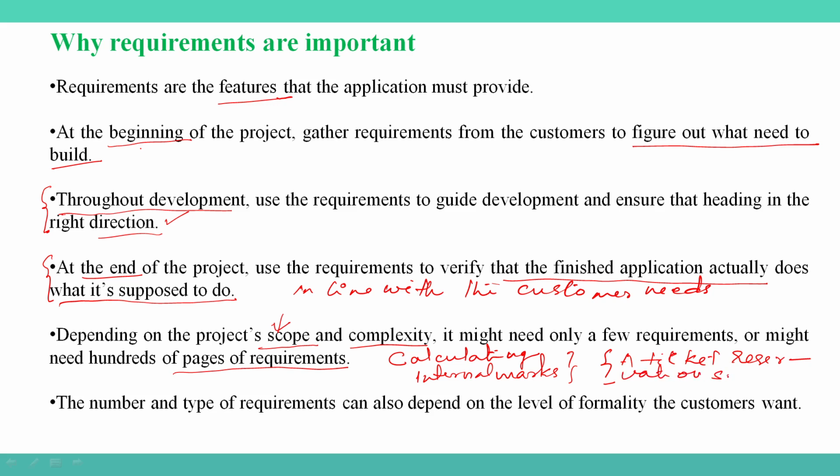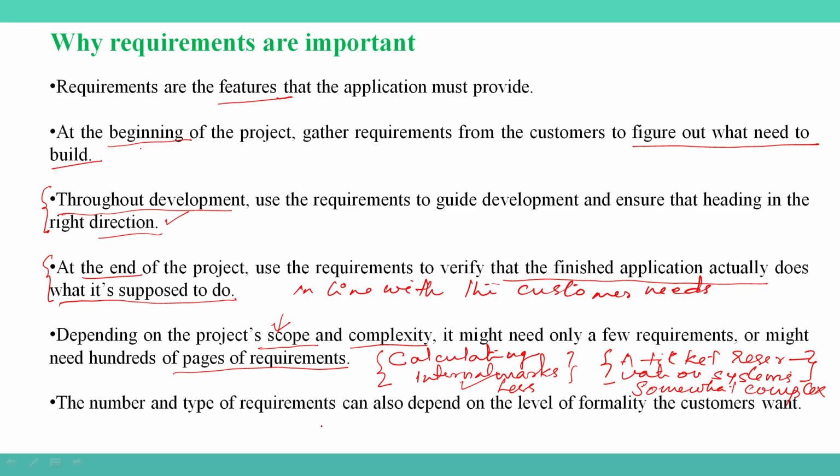Take these two systems and decide what kind of requirements each needs. The first will have very few requirements. Compared to this, the ticket reservation system is somewhat complex, because here the number of constraints, the things you have to look into, will be more.